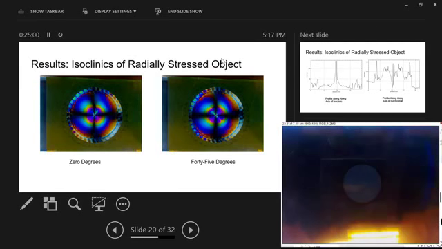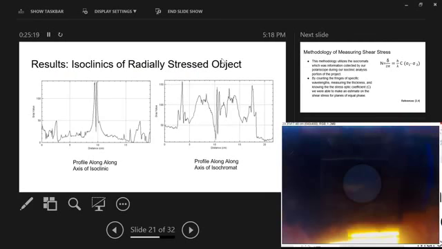So these regions are in line with the direction of our stress. Just looking at the image, you can tell that the stress is going along this direction. And as we rotate it, you see that the pattern doesn't change, which is what you expect from a radially symmetric distribution. And here are more stress profiles, reiterating that the isoclinic has no intensity, and off the isoclinic we have some fringes.